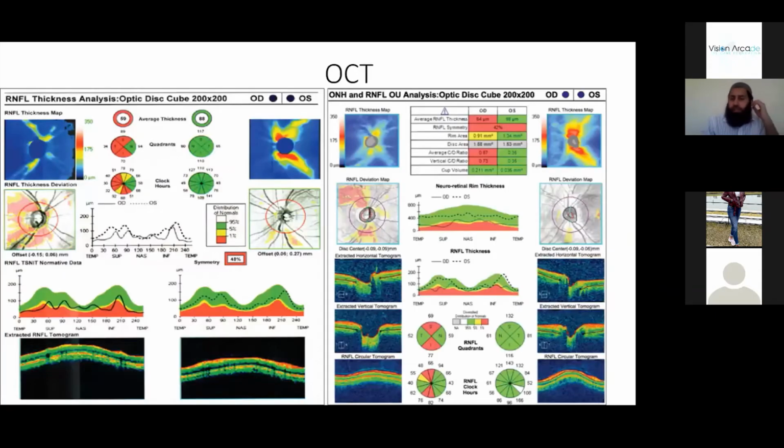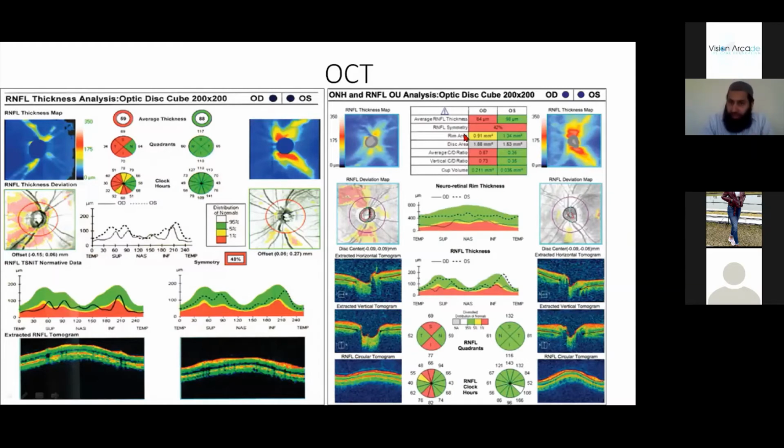In the retinal nerve fiber layer plot on the right side, I want you to notice certain digits which are recorded. The most important one for me is the disc area. That's the first thing I look out for. Although the CD ratio is quite good and makes my work a bit easier, I don't rely on the CD ratio from here, because I like to see it through the lens personally.